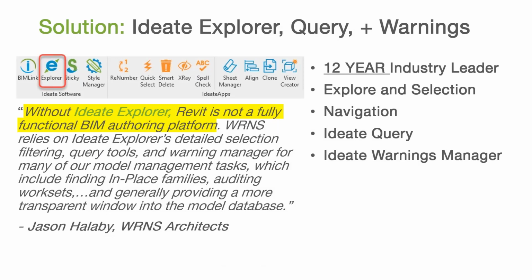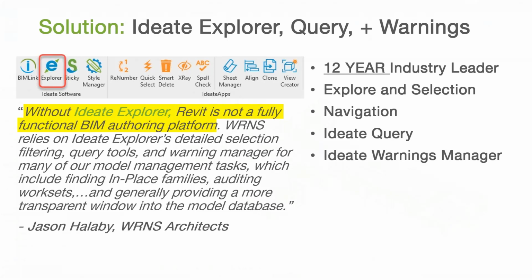So this isn't something that we just developed two months ago. It's been used all over the world, allowing you to, as I said earlier, it's kind of like a project browser on steroids, allowing you to explore, select elements, navigate to sheets and views, query based on parameter values in Revit. And then, of course, we've introduced our ID8 Warnings Manager.